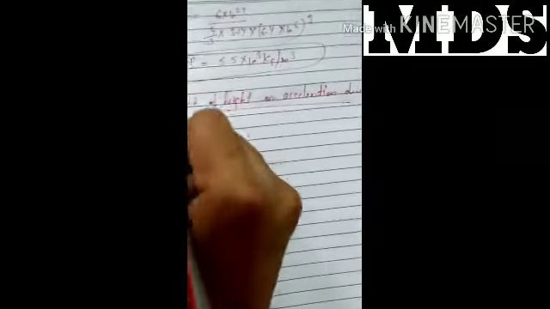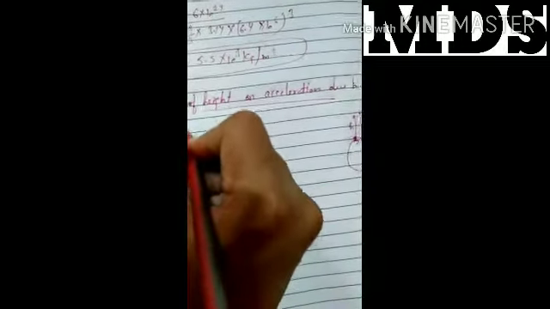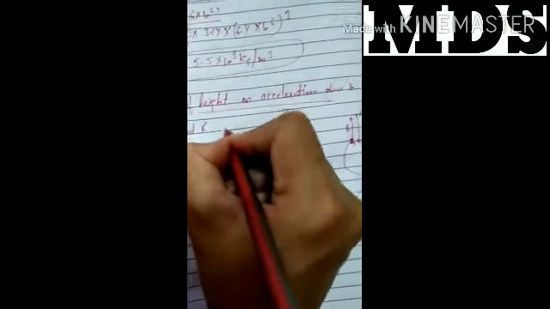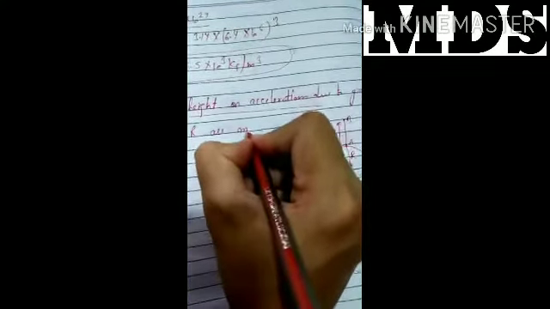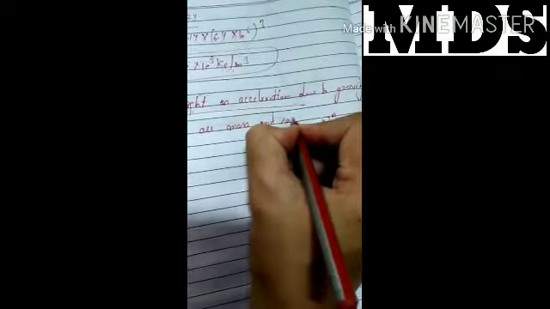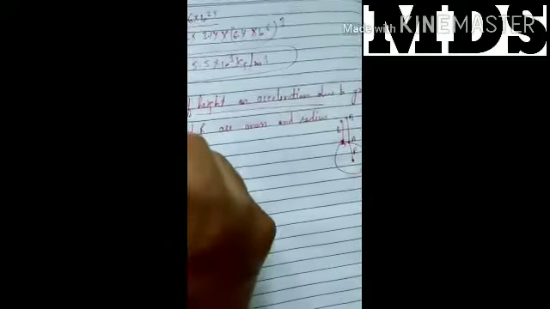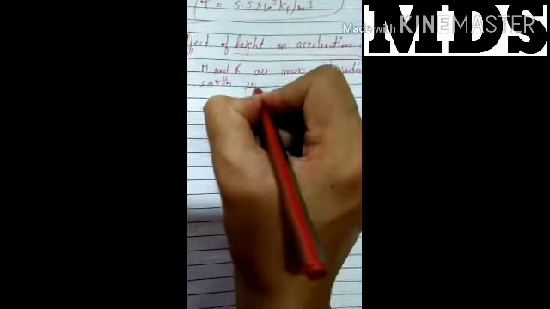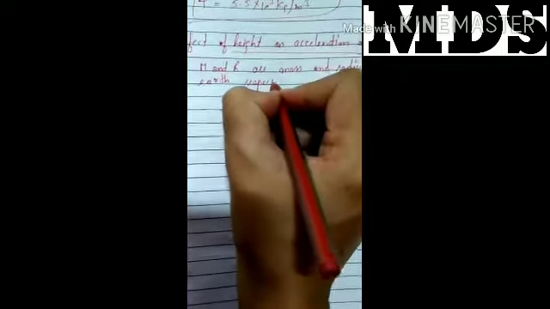Now here we can write that M and R are the mass and radius of the earth respectively.